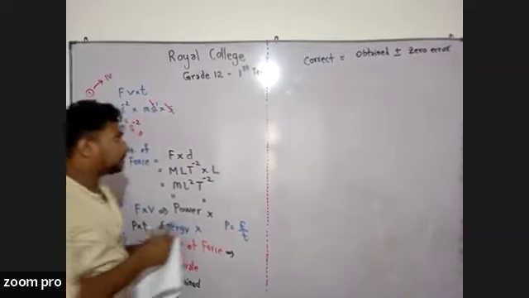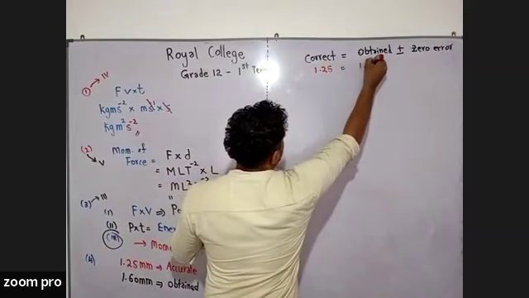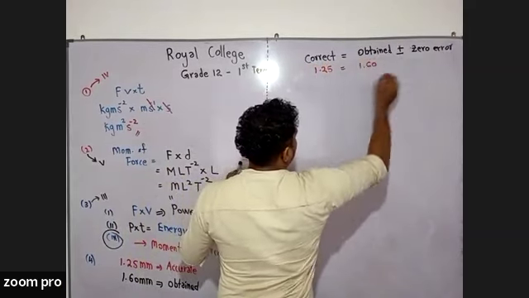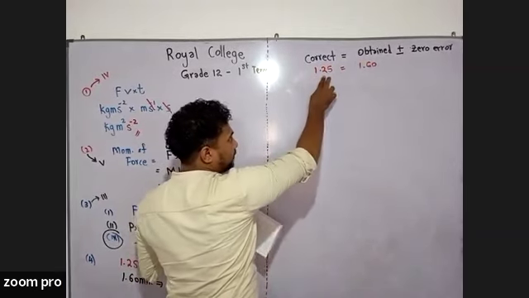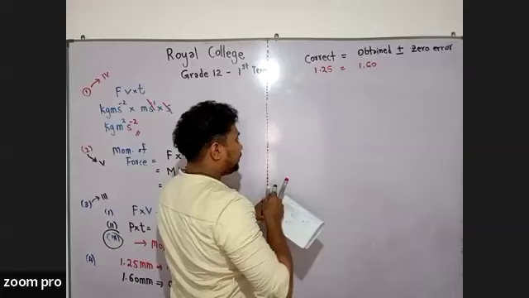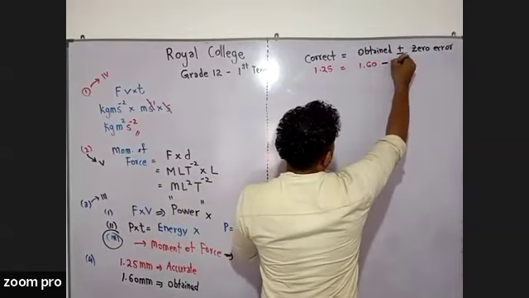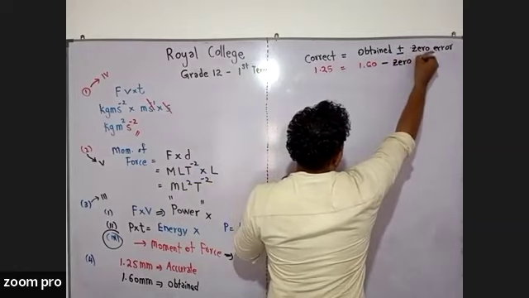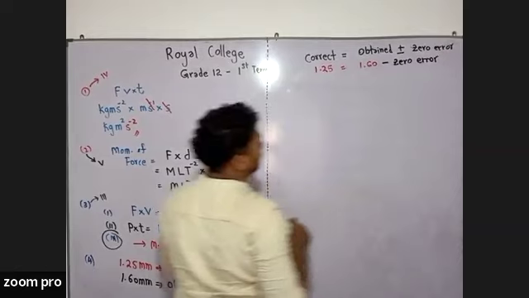Now correct is 1.25. This is the 1.6. So in order to obtain this value, we have to subtract the zero error from the obtained value. Right.